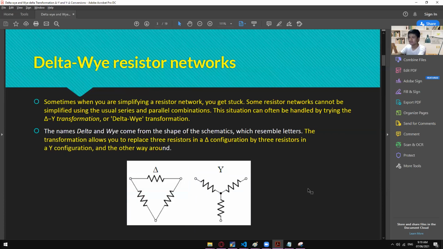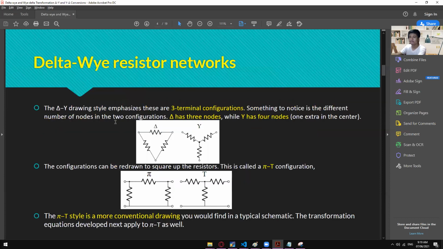For the delta, we have three resistors, one, two, three, and three nodes at the same time. For the y configuration, we still have three resistors, but instead of three nodes, we now have an additional one. That is why we now have a total of four nodes: one, two, three, and four.